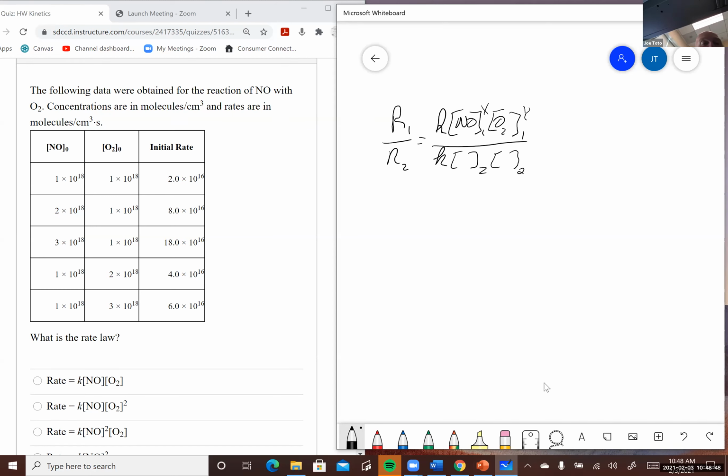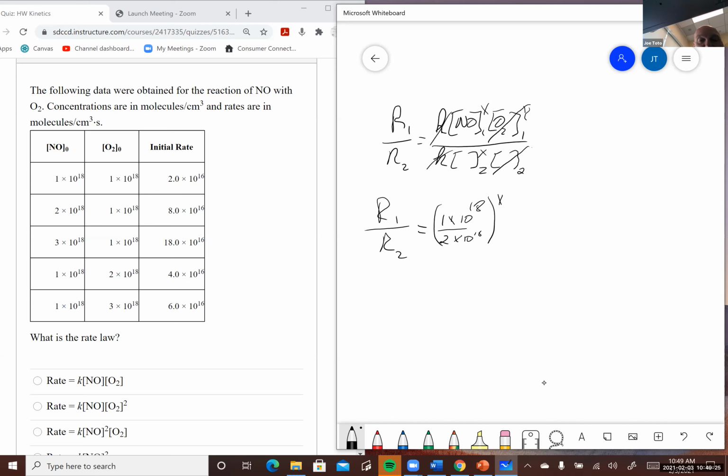We see that the concentration of O2 is the same in 1 and 2, so this drops out, K drops out, and now we have just a math problem. 1 times 10 to the 18, 2 times 10 to the 18, all to the X. And the rate goes up 4 times.